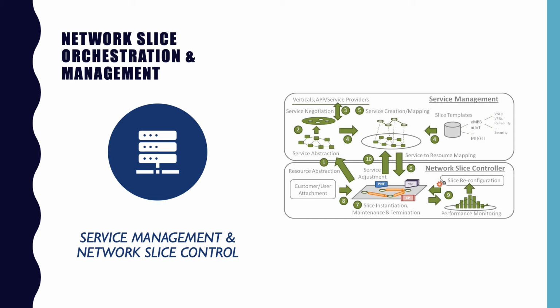On the other hand, a network slice control layer provides resource abstraction to service management and handles network slice resource management as well as control plane operations. Where resource reconfiguration is not sufficient or latency cannot be fulfilled for assuring the desired service, the network slice controller contacts the service manager requesting an adjustment.